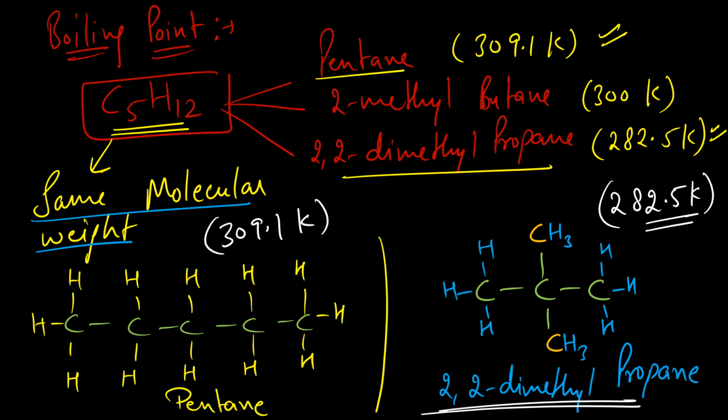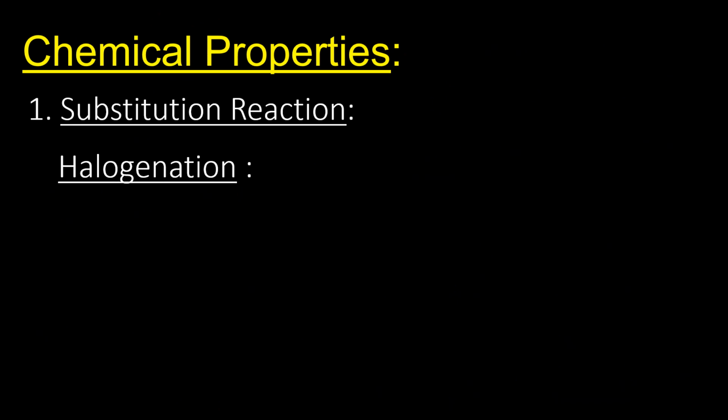Now let's go to the chemical properties. When we come to the chemical properties, the very first thing we are going to discuss is the substitution reaction. Now what is the meaning of substitution here?